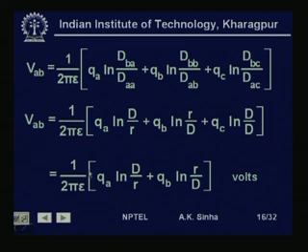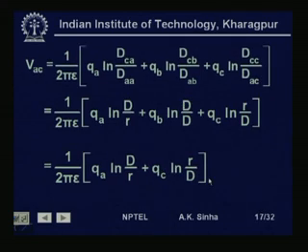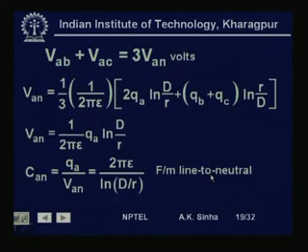So, if we add, we will get twice QA log n d by r and QB log n r by d plus QC log n r by d. That is what we have got here.